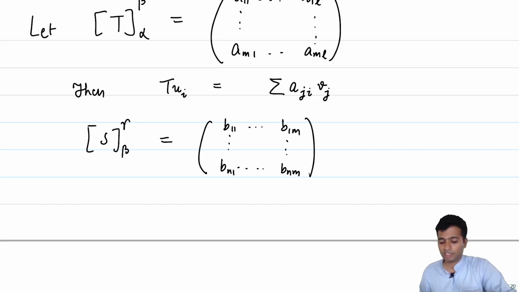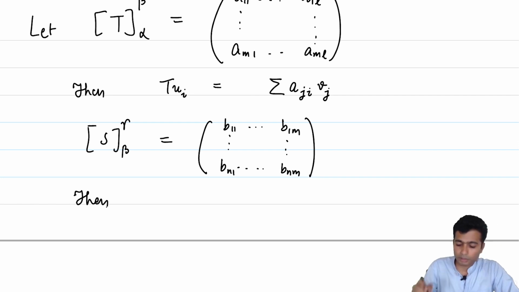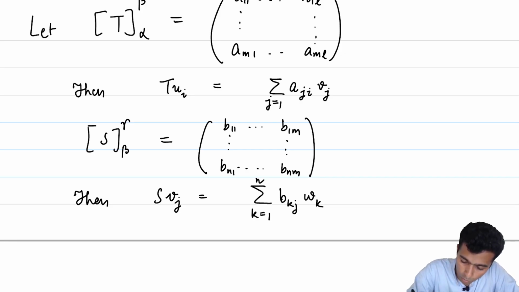Please do check that the indices are making sense. After all, the dimensions of V and W are clear. And this particular matrix representation tells us that S v_j is equal to summation, that will be the jth column, B_kj w_k, where k is going from 1 to n, and here j is going from 1 to m.